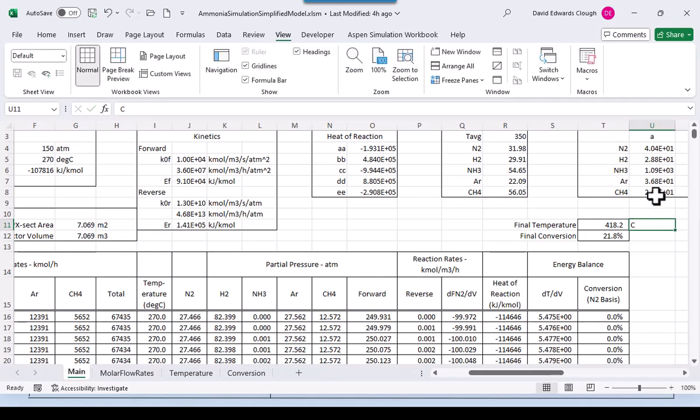Sorry about that. And then the final conversion is 21.8%. And it's well known with ammonia that the conversion per pass is in the neighborhood of 22%.